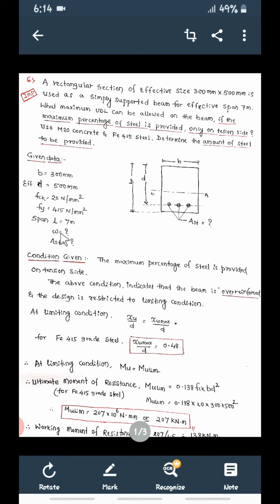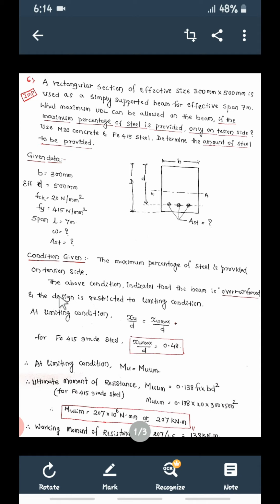That is UDL can be allowed on the beam if the maximum percentage of steel is provided. So condition is the maximum percentage of steel is provided on tension side, means here bottom. So what it indicates? So the steel provided will be maximum.